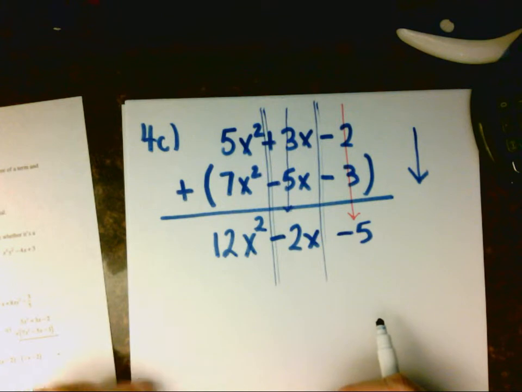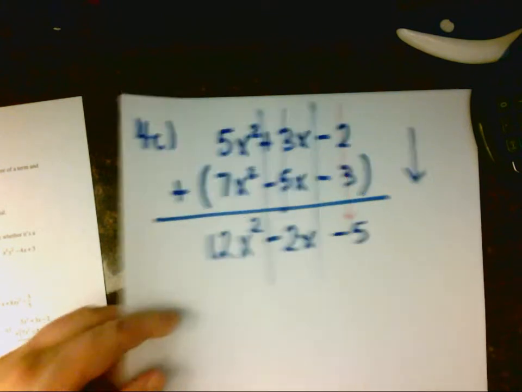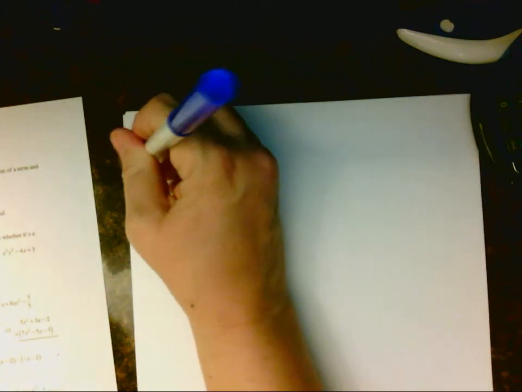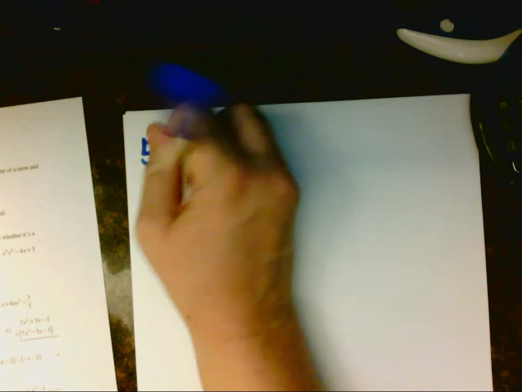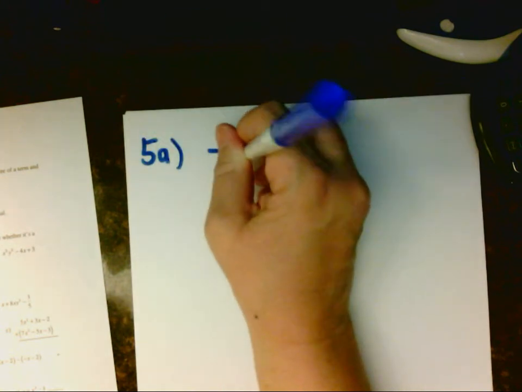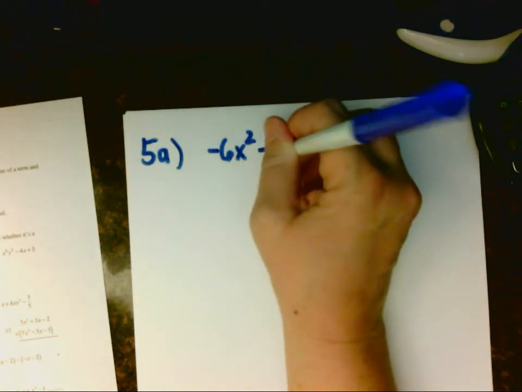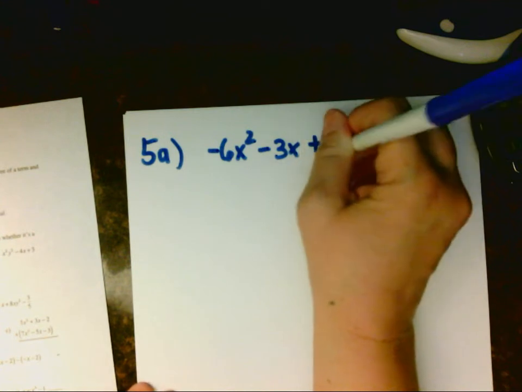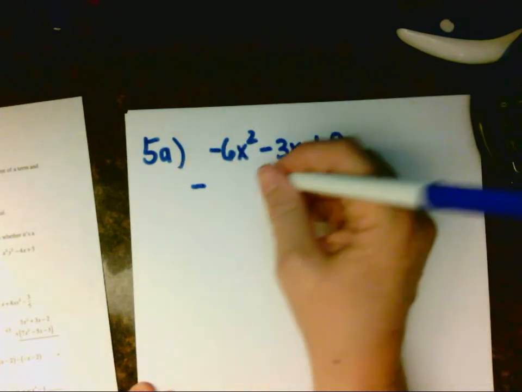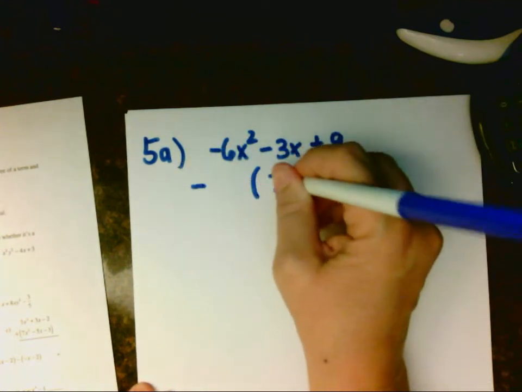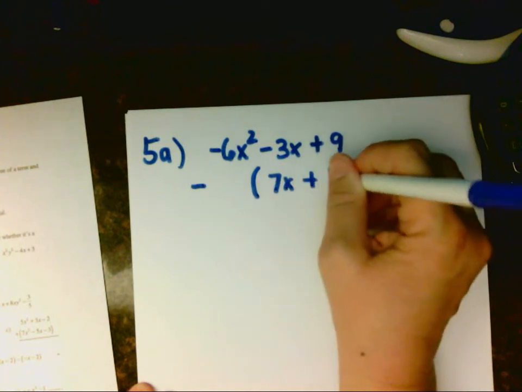All right, subtraction is a little trickier, and I'm not exactly sure why they've written the first example vertically, because usually you don't do that. This is negative 6x squared minus 3x plus 9 minus, and then they've put a parentheses, 7x plus 10.